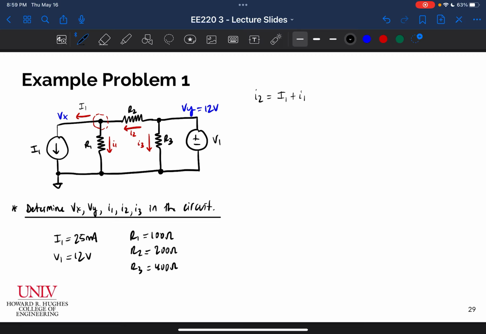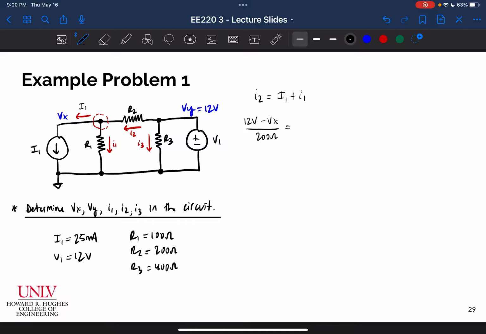And I can write out an expression for I2, which is going to be Vy minus Vx divided by R2, which is 200 ohms. The voltage across R2 is Vy minus Vx. And then I could just write this as 12 volts.